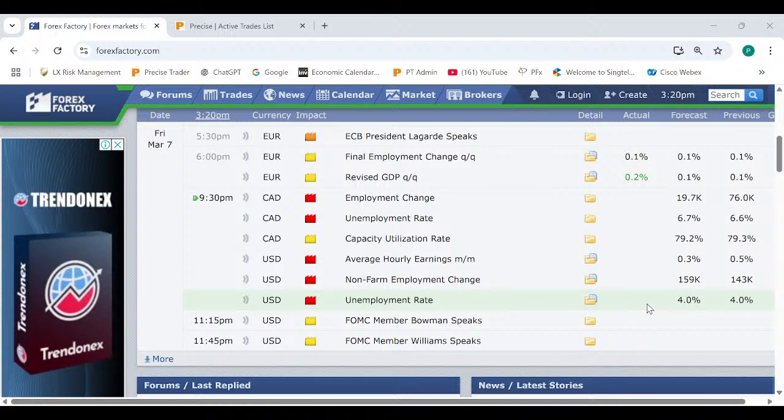Okay, so the thing is, of course, the market is expecting. So tonight, this is an important day, and most likely, we might see big movement happening when the data is out.